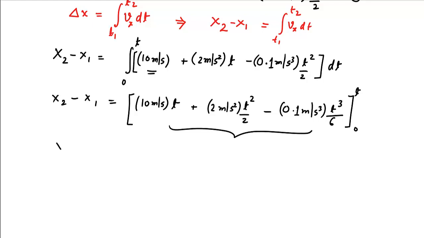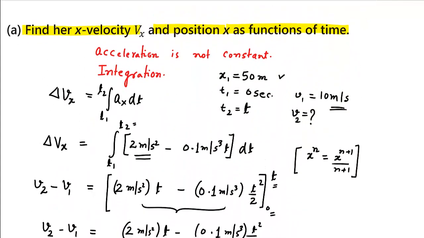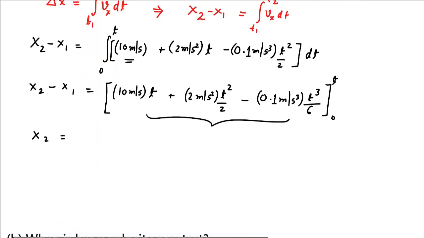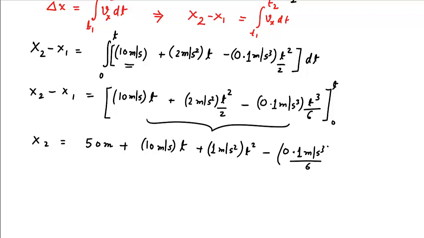So this is simply x2 is equal to x1 plus the expression, and what is x1? It is given in the problem, that is x1 is 50 meter. So at time 0, the x1 is 50 meter. So I can plug this value. So this becomes 50 meter plus 10 meter per second times t plus, 2 cancels out, so I will have 1 meter per second square t square minus 0.1 meter per second cube divided by 6 and t cube.